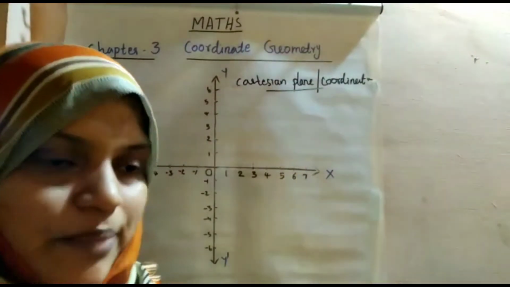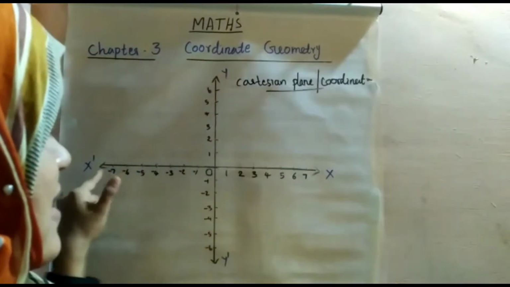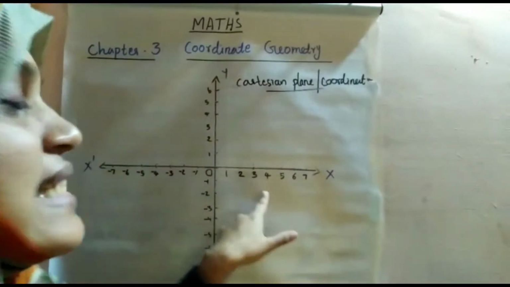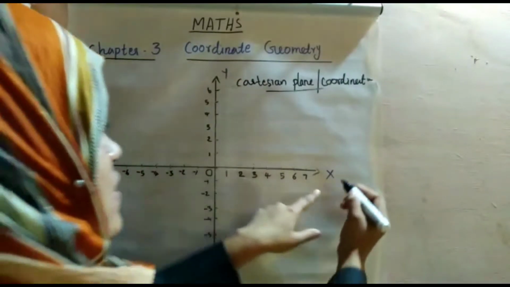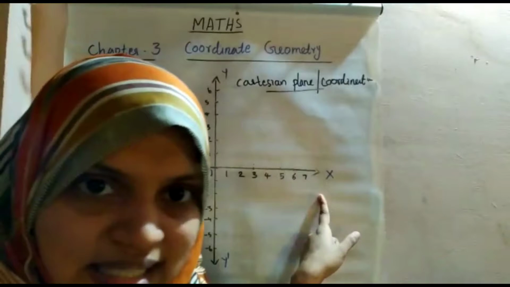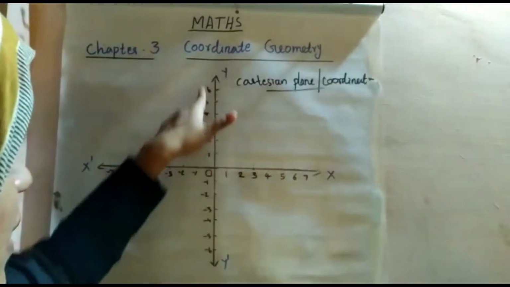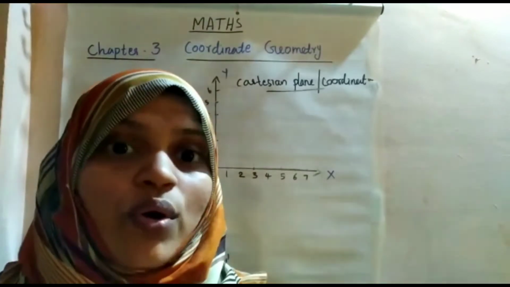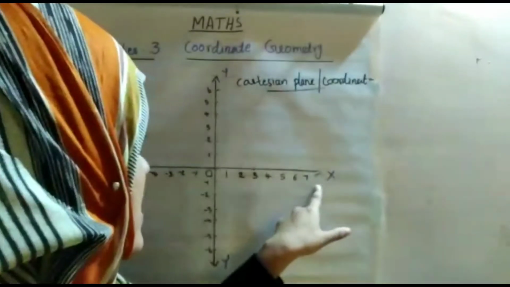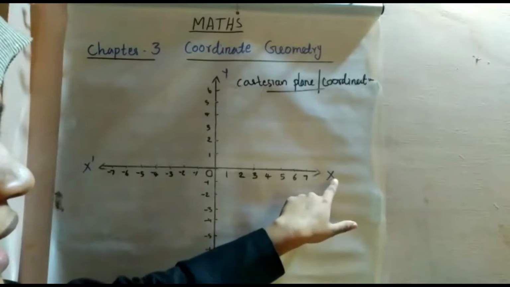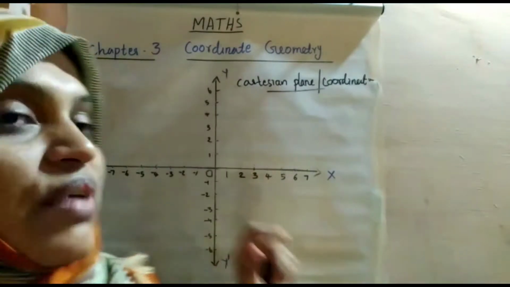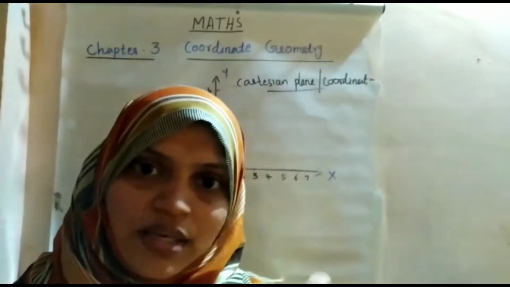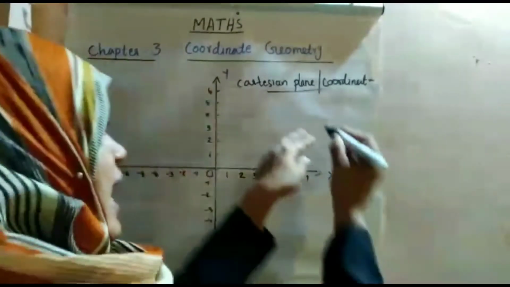Cartesian plane or coordinate plane, and this horizontal line is called the x-axis, and the vertical y line is called the y-axis. The horizontal line and vertical line together are called coordinate axes. Axis is the singular word.